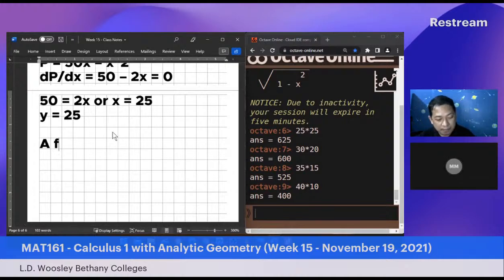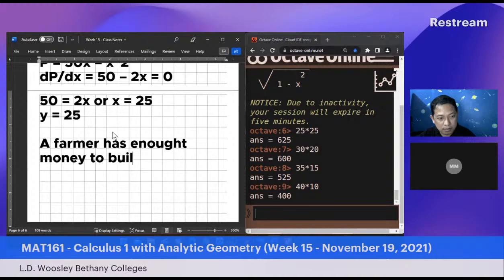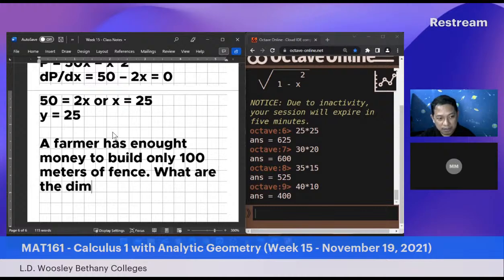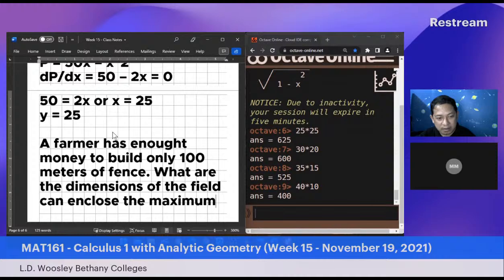Okay, another problem. A farmer has enough money to build only 100 meters of fence. What are the dimensions? The maximum area.